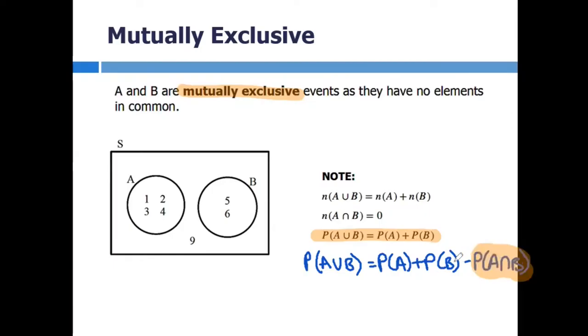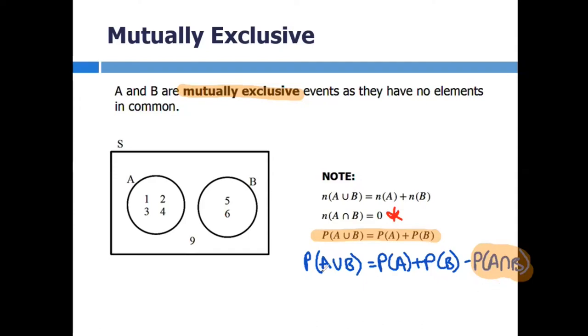Okay, the reason why it's missing is because for them to be mutually exclusive, you'll see here that they've told us that they have no overlap. The A and B part, that little I in the middle, it doesn't exist. There is nothing that belongs to both sets.